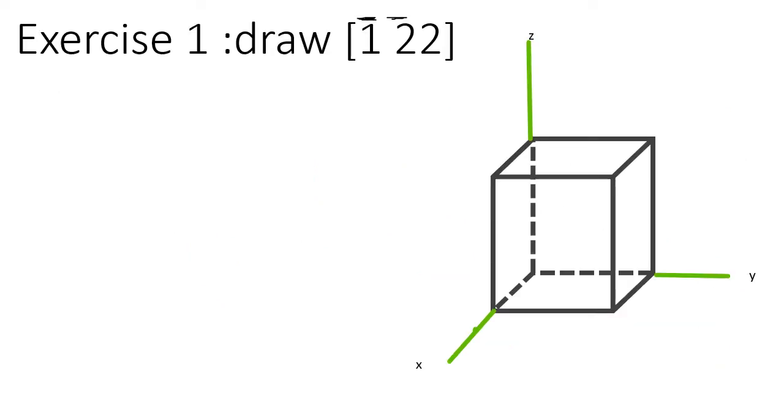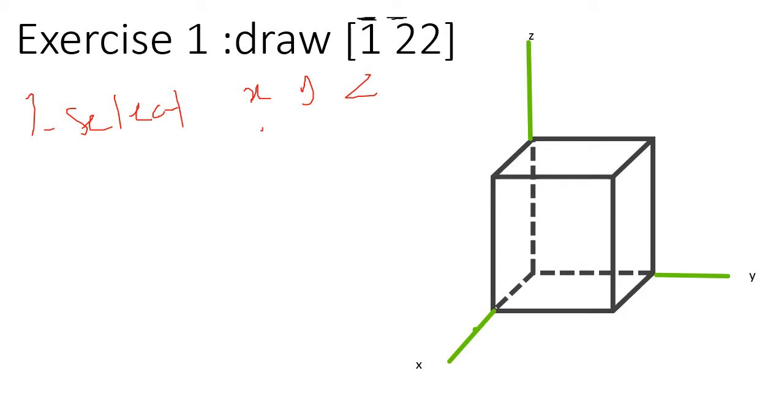Now let's do this exercise. We are going to draw this direction: 1 bar, 2 bar, and 2. So the first thing, we should select the origin. So I told you the important rule that if we have a bar over the number, we have to select a new origin. So our new origin is going to be like this.